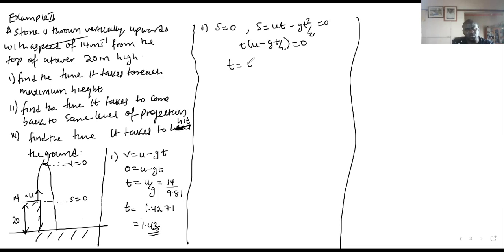Therefore, this time is equal to 2U over G, the ideal time of flight, which is 2 times 14 divided by 9.81, giving us 28 over 9.81. What time is this? 2.854.